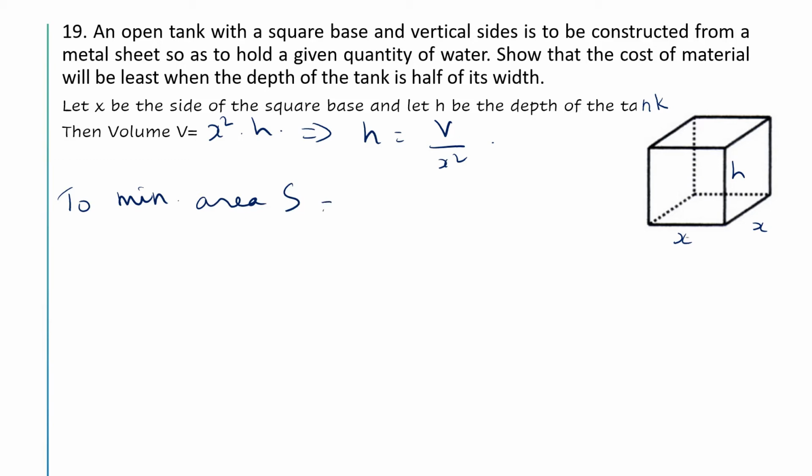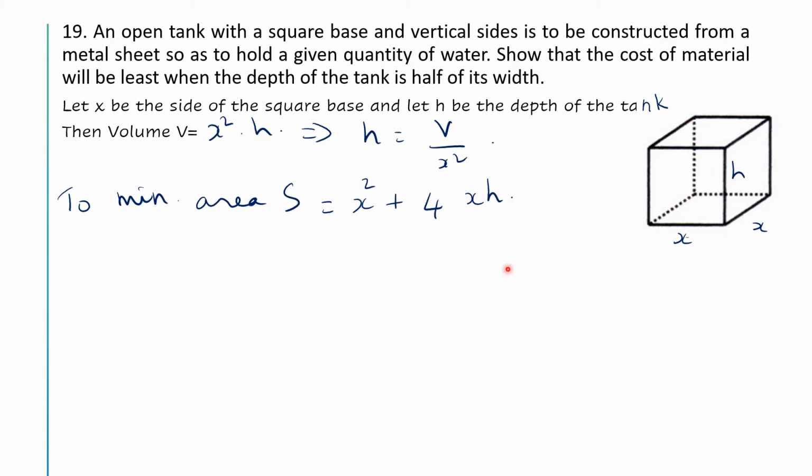S equal to the area of the square base, which is x square, and the area of the four sides, it will be 4 into xh. Area of one side is xh. We have four sides. We have this one side, the next side, the third side and the fourth side.